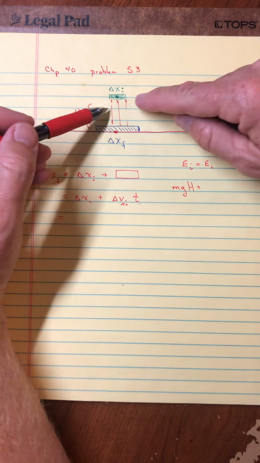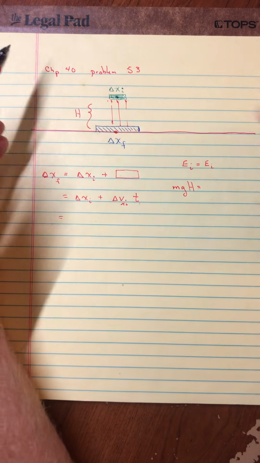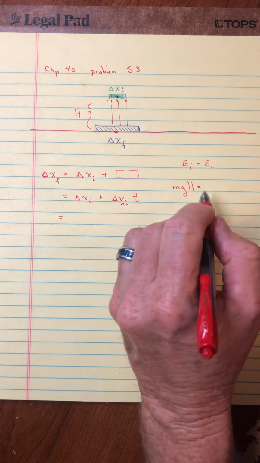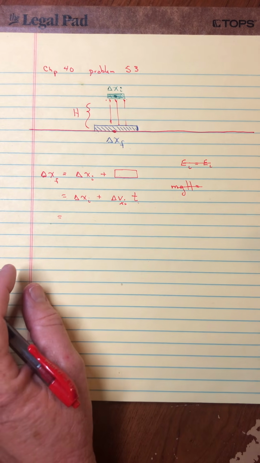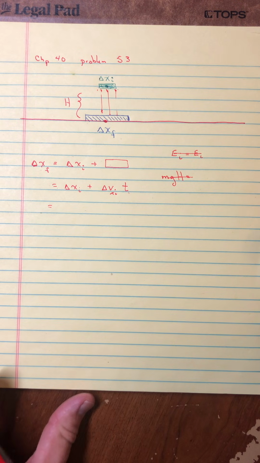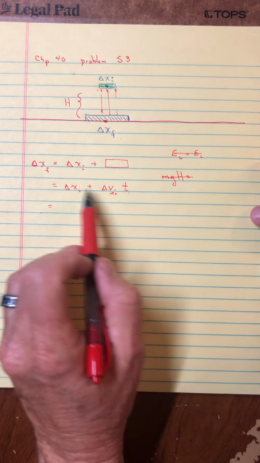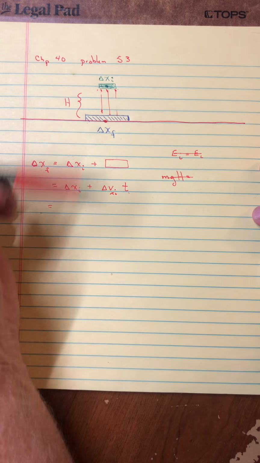And of course, as it falls, sorry, head down the wrong road. I want to get time, and energy has nothing to do with time. That's my bad. I had these distances in my head, but they're x distances, not y distances.